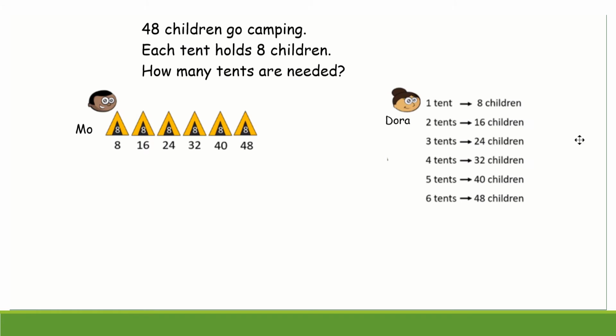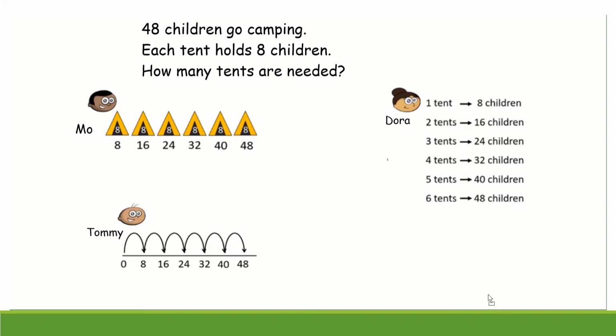Dora has made a list. She can also see that you will need 6 tents to hold 48 children. She's listed 1 tent for 8 children, 2 tents will hold 16 children, and so on. Let's reveal what Tommy has done.